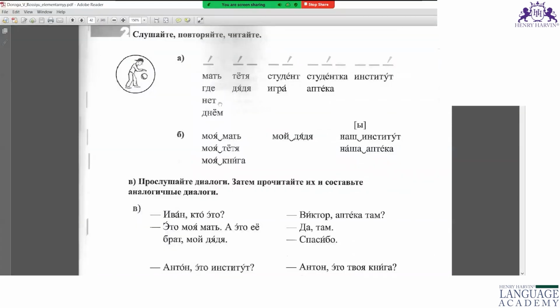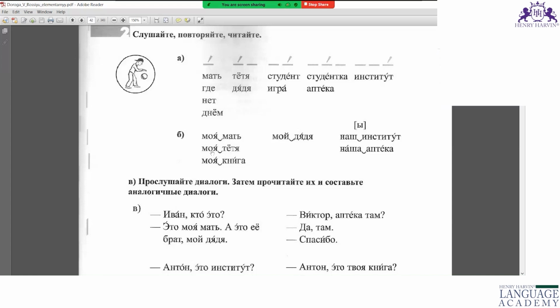Мать, где, днем, тетя, дядя, студент, игра, студентка, аптека, институт. I will repeat more today than you are required because they will probably watch us in the video. Okay? So моя мать. Why do we say моя мать? Because mother is feminine. We understand it, right? Although the word ends in a soft sign. Моя тетя. Тетя, aunt, feminine.